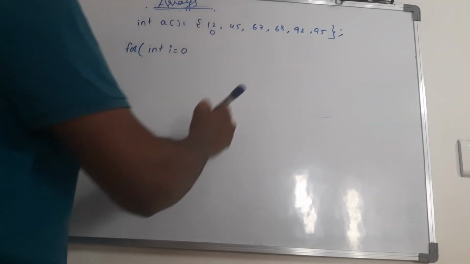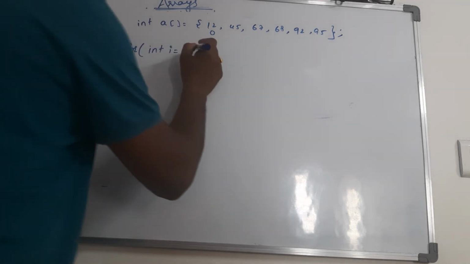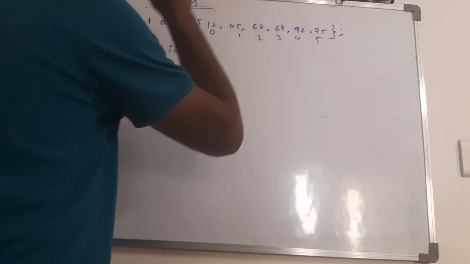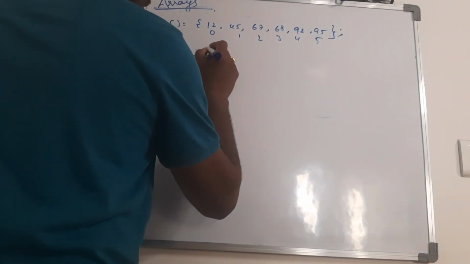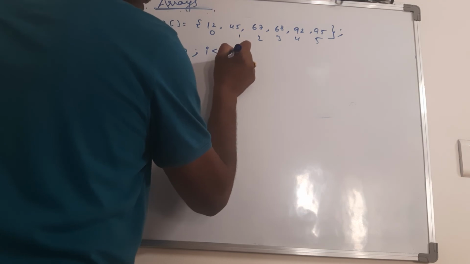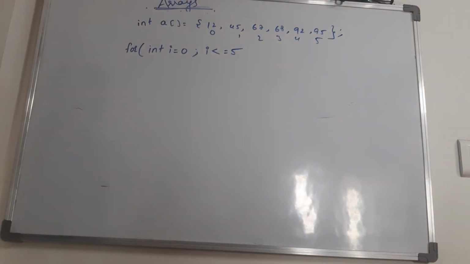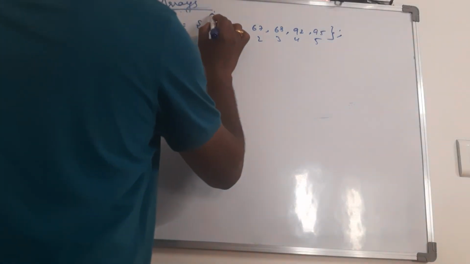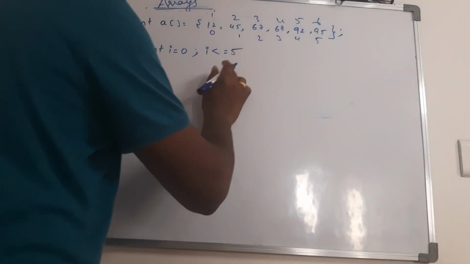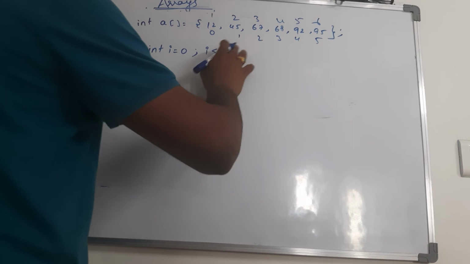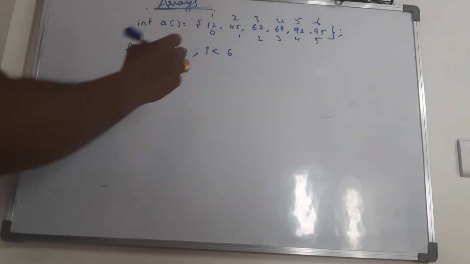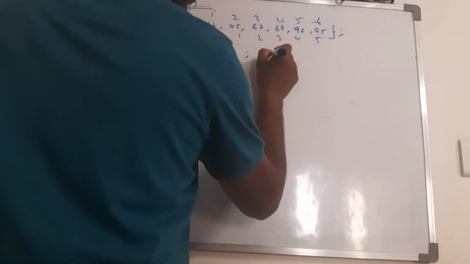Then the condition: less than or equal to 5, but the actual count is 1 2 3 4 5 6, so total 6 values, so i less than 6. Then i plus plus.